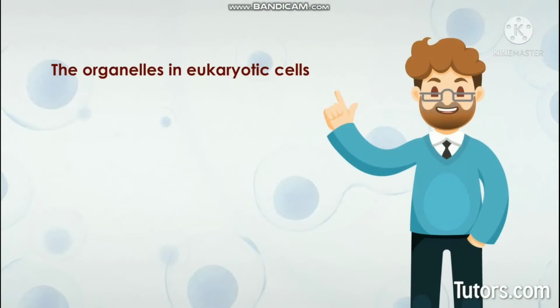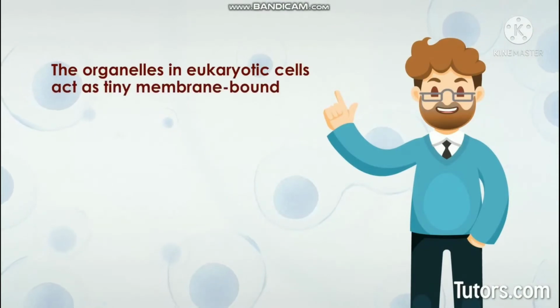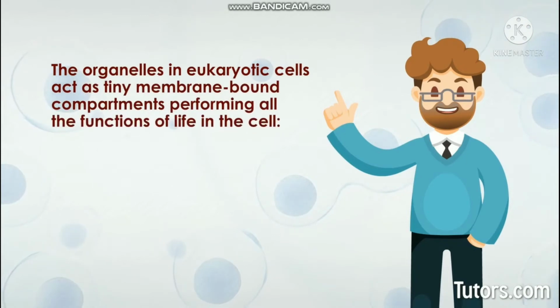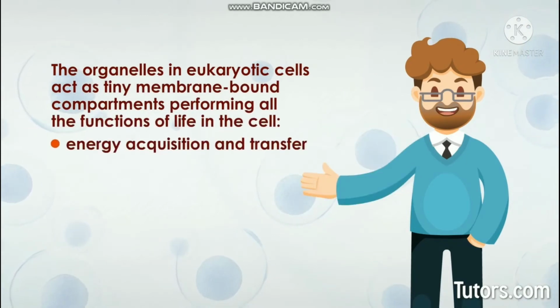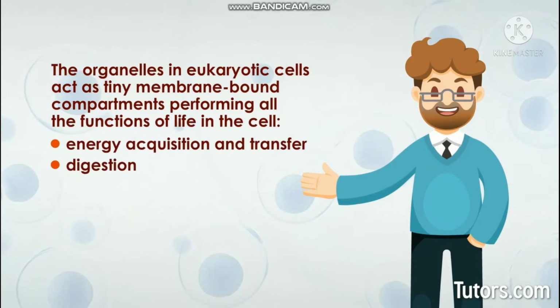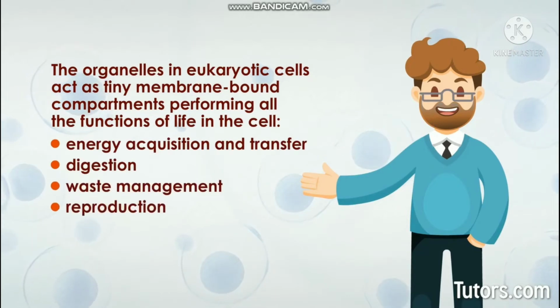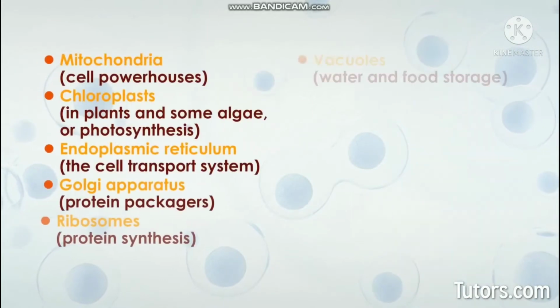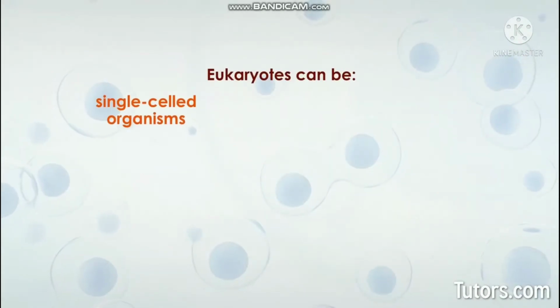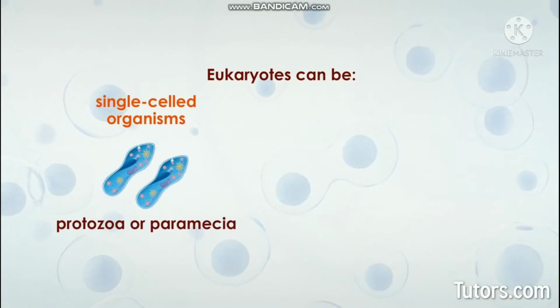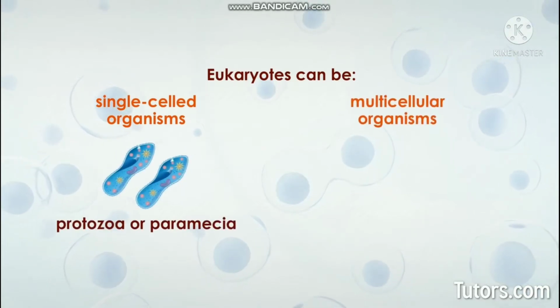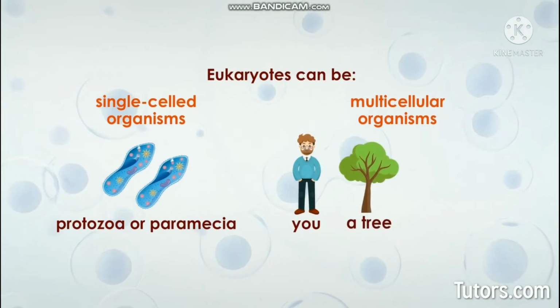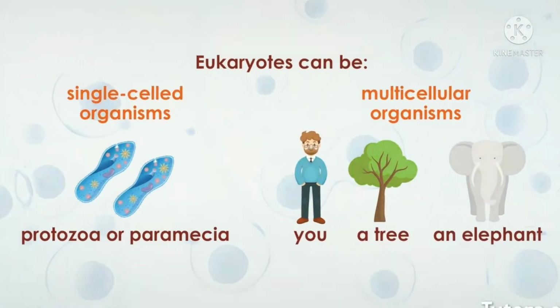The organelles in eukaryotic cells act as tiny membrane-bound compartments, performing all the functions of life in the cell: energy acquisition and transfer, digestion, waste management, reproduction, and cellular respiration. Eukaryotes can be single-celled organisms like protozoa or paramecia, or multicellular organisms like you, a tree, or an elephant.